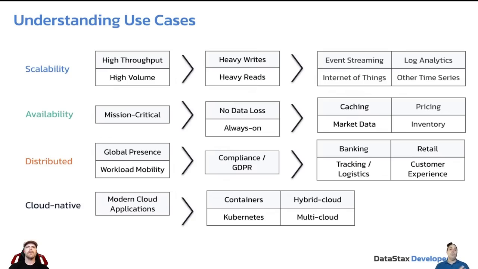If you want to leverage the availability, you will have no data loss. The database will be always on. And to be honest, everybody would be happy to have a database that would not stop, right? It's distributed like in the previous slides. So global presence is probably why web giants like Uber, Netflix, or Apple are using it.